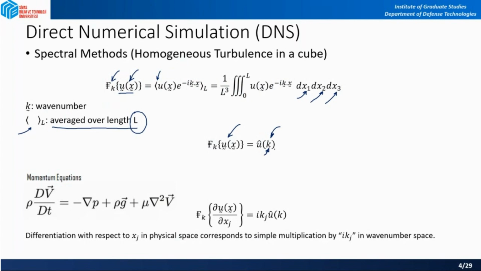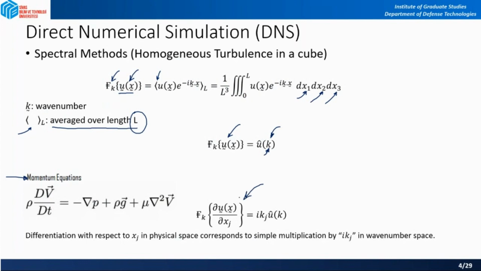For example, if I apply the F operator to the momentum equation, the physical momentum equation that we have, in addition to velocity I have the derivative of velocity, right? dv dt. And you can actually show that the result of applying operator f to the velocity derivative will be like this.